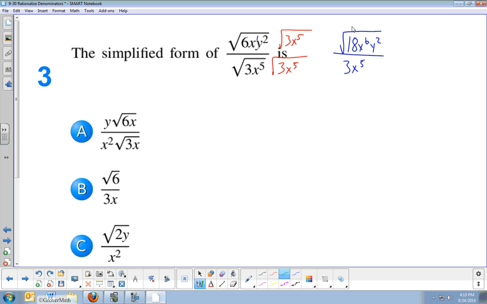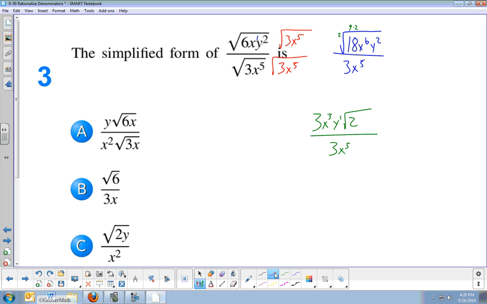All right, so let's see, the 18, I'd use 9 times 2 to get 3 rad 2. x to the 6th, I'm doing square root, so I divide by 2, and 6 divided by 2 is 3, no remainder. And y squared, 2 divided by 2 is y to the 1st, no remainder. So the only thing that's left inside is that rad 2 over 3x to the 5th.